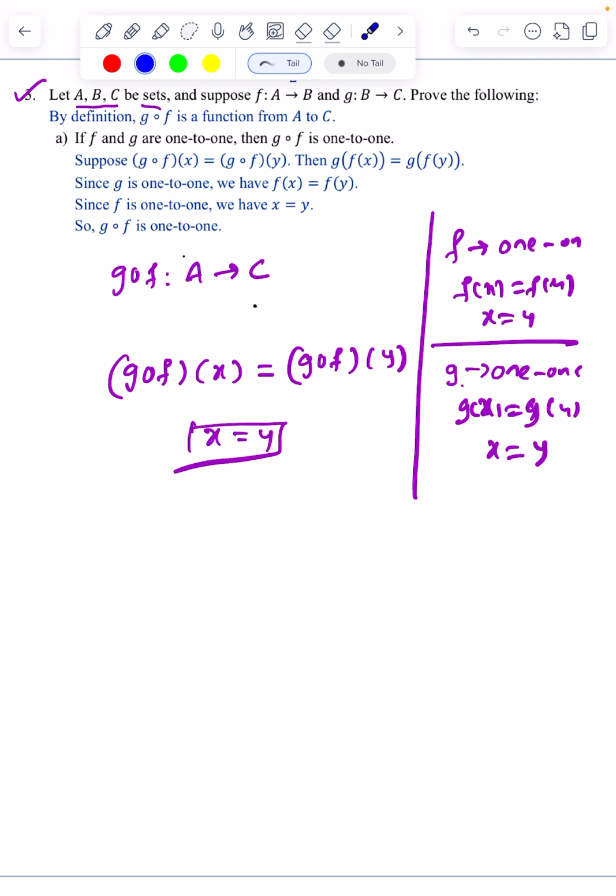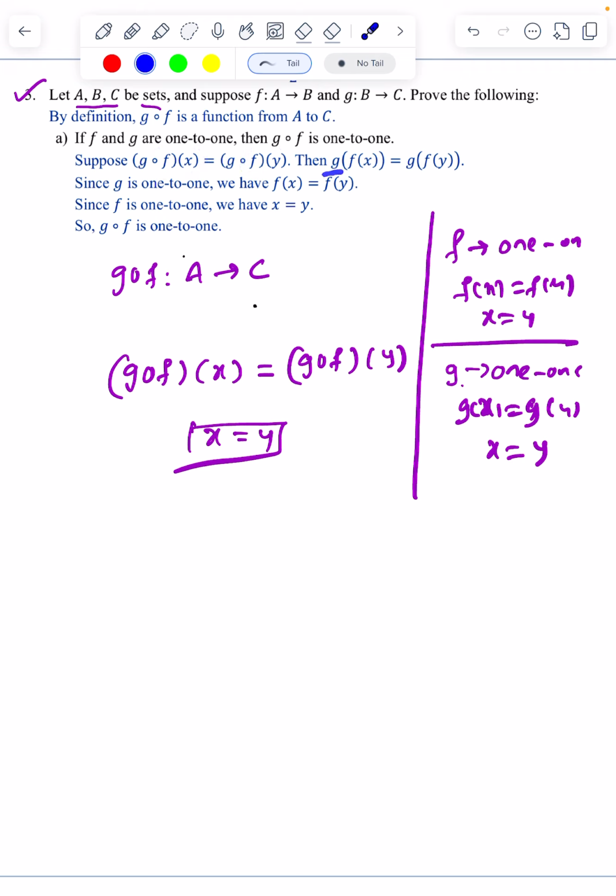Now I am going to take the image of the input x. I apply it to x: the image of the composite function at x and the image at y are equal. Applying both sides, removing the circles and putting the brackets, we get g of f of x equals g of f of y.